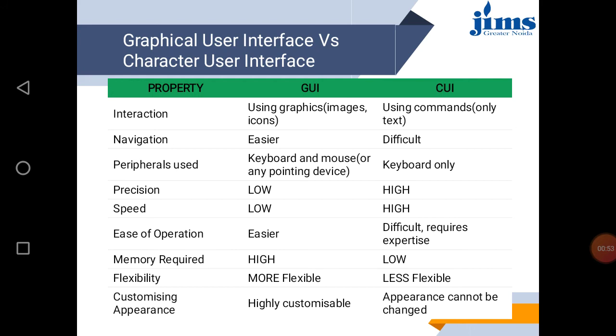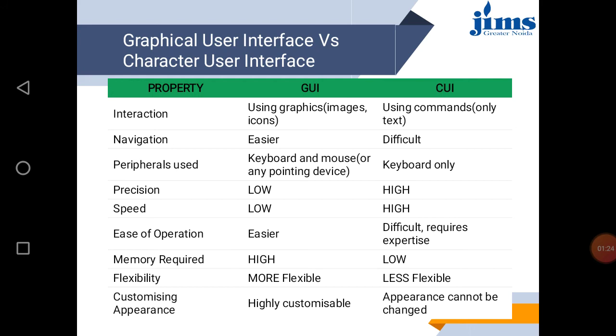In character user interface, we use different commands, and to use your system or application you must know what commands are used. But in a GUI application, there are different icons; you click on them and you are able to use or access any functionality. So interaction and navigation are very easy in GUI.